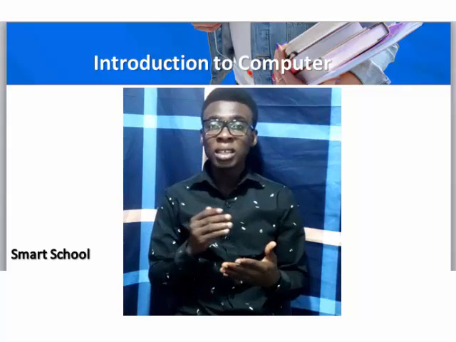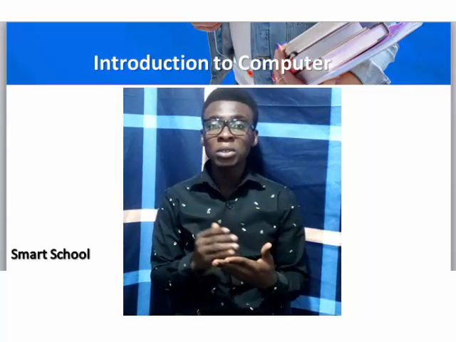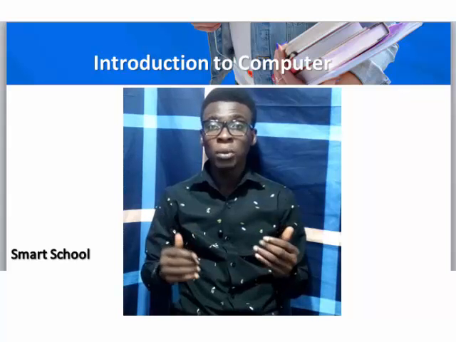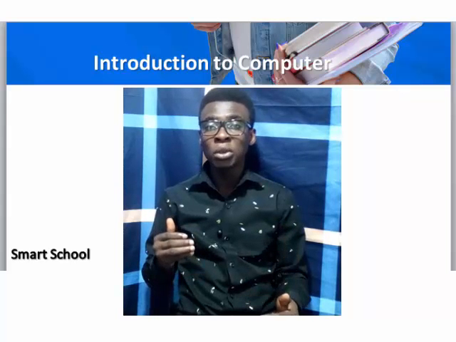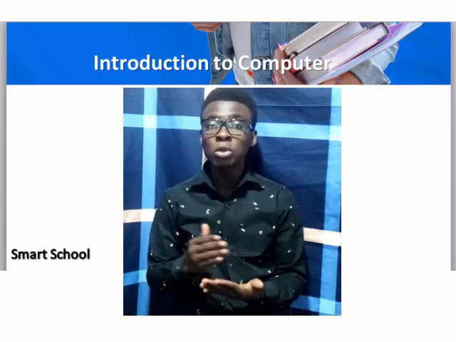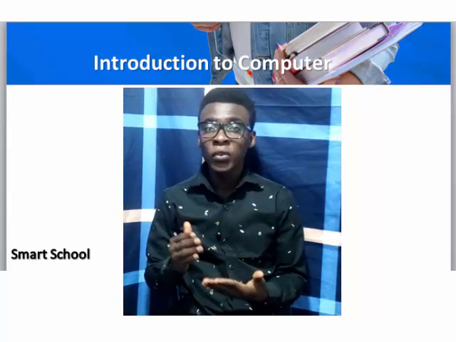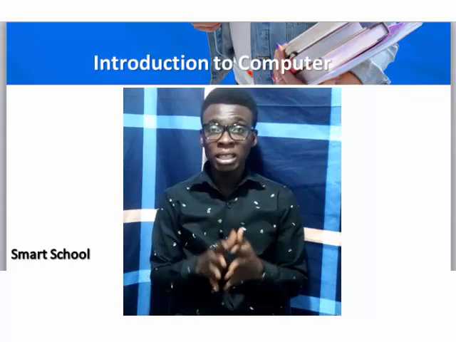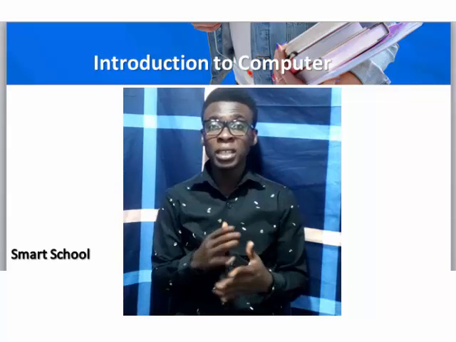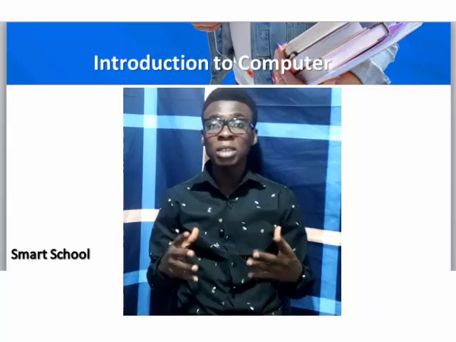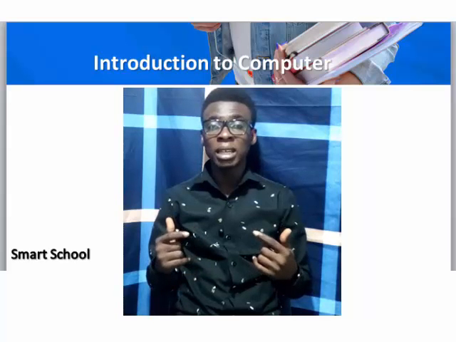This video is one of the videos in the introduction to computer series. We would want you to follow up the series of this video. As a course, we'll be breaking down the videos into segments so that you can understand it better.